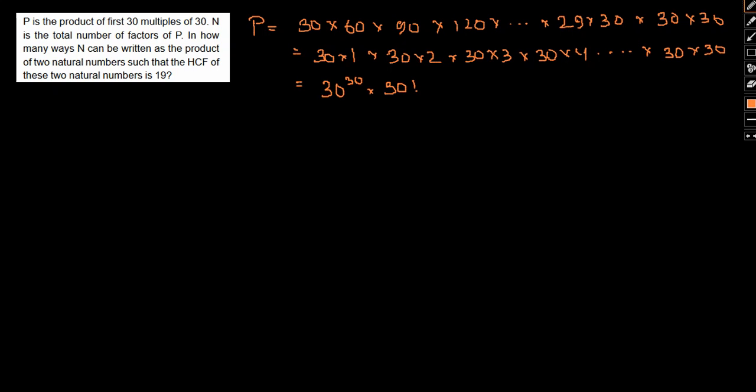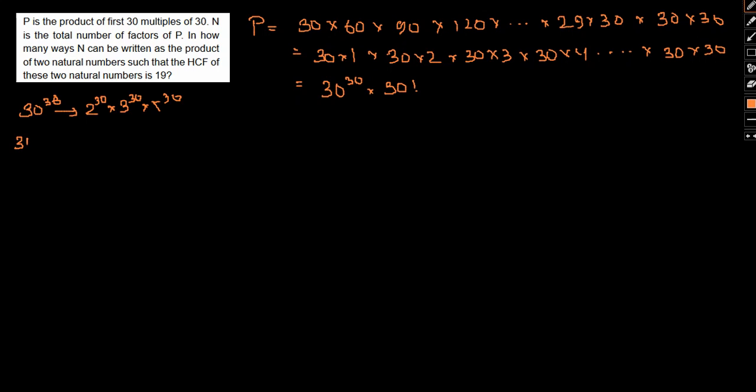Now let me represent the same in terms of its basic prime factors. Let me give you an example, 30 to the power 30. This can be written as 2 to the power 30 into 3 to the power 30 into 5 to the power 30. Yes, it can be written in this way.